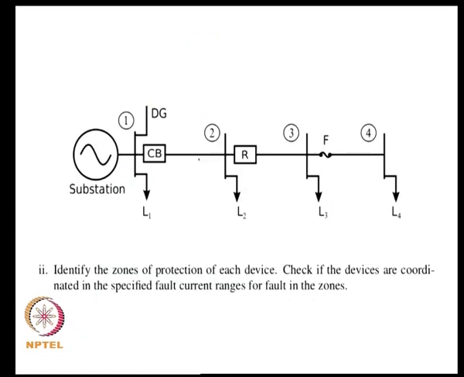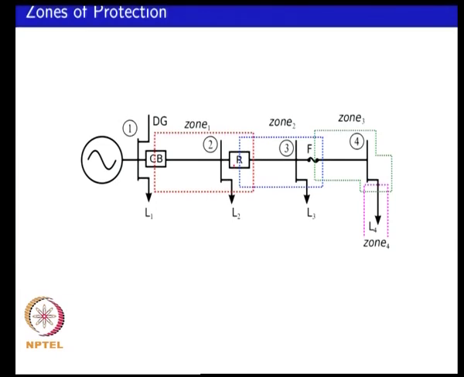So, the next question is to identify the zones of protection of each device and check if the devices are coordinated in the specified current range for the fault in the zones that are being considered. The zones would be from one protective device up to the next device, where the next device would be expected to protect the zone immediately downstream of that. For example, the circuit breaker 1 would protect up to the recloser, maybe including a fault at the recloser itself.